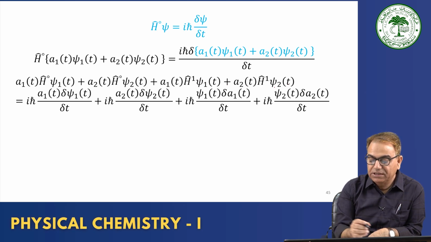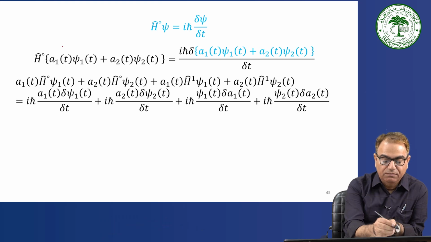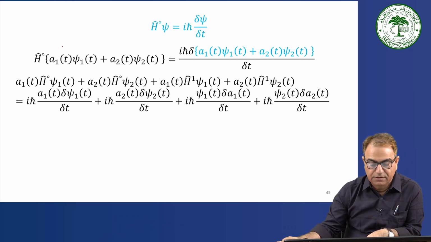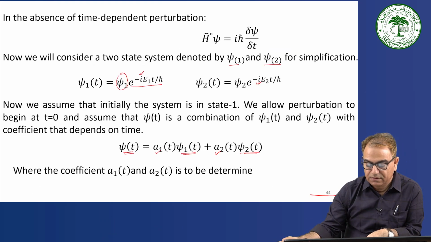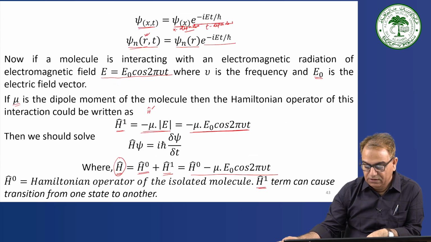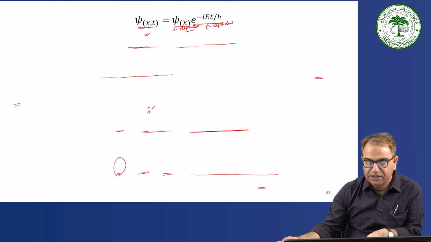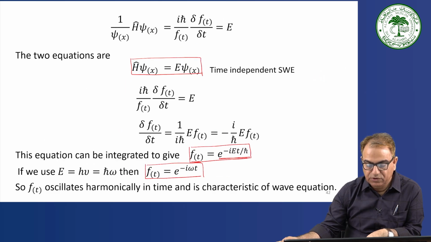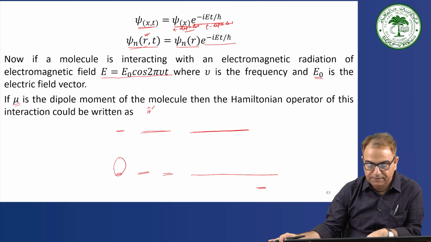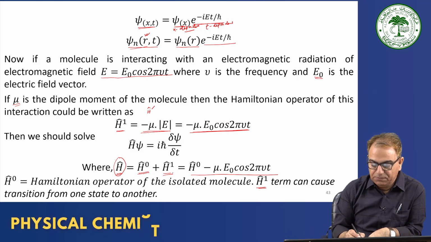From where do we get this H0 value? Because this H will be a summation of both, which I have given you earlier. The Hamiltonian which you have to use is for the perturbed system, and in the perturbed system the Hamiltonian is H0 plus H1.